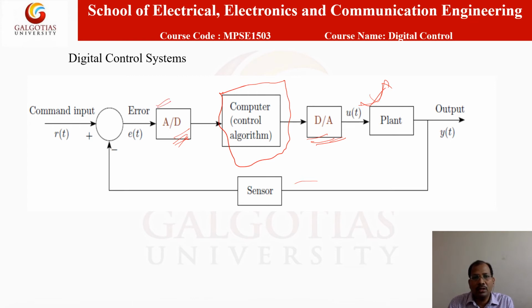This error signal is converted into digital form using the analog to digital converter, and then processed by the computer based control algorithm, which gives an output signal in digital form. This digital form has to be converted into analog form using the DA converter, then applied to the plant. This is one way of representation.